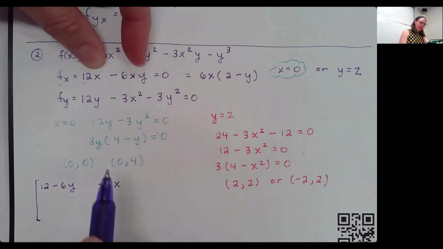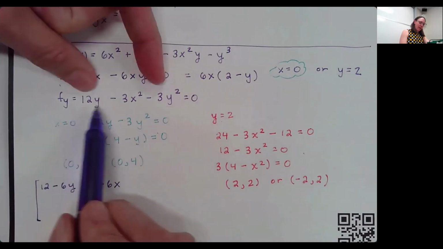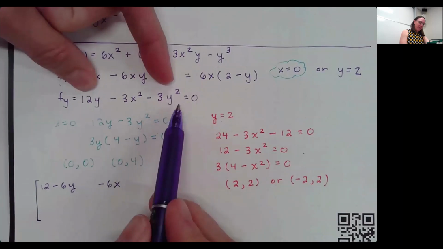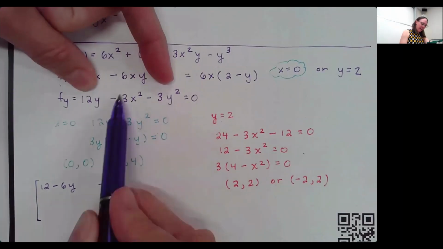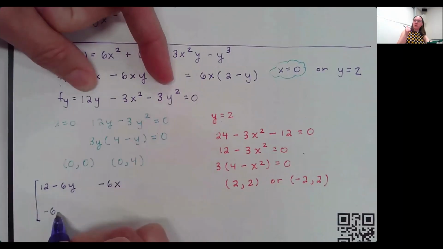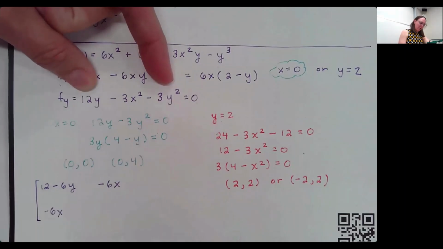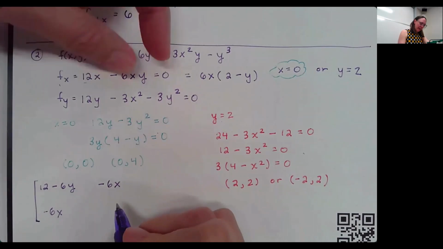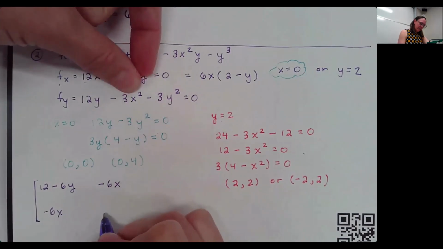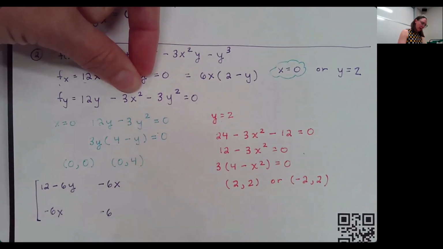If I start with my partial with respect to y, I take the derivative a second time, but with respect to x, I get negative 6x, which is good. We should match. And now if I take my partial with respect to y, I get negative 6.